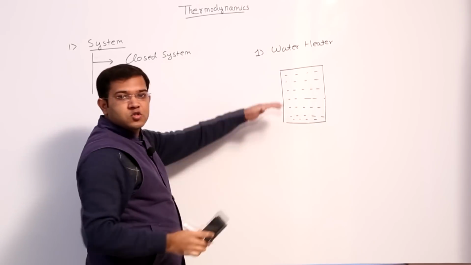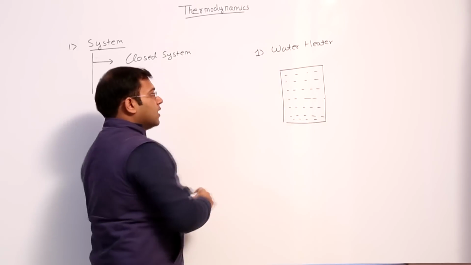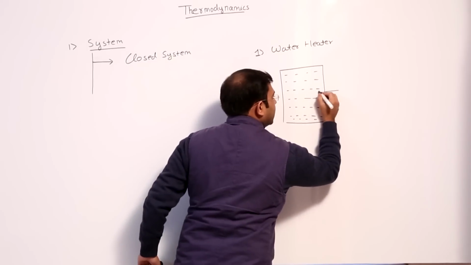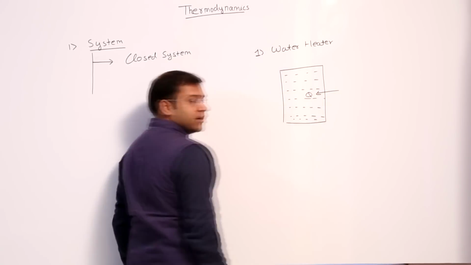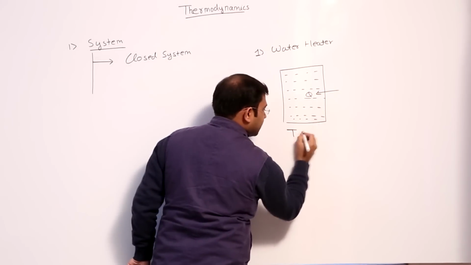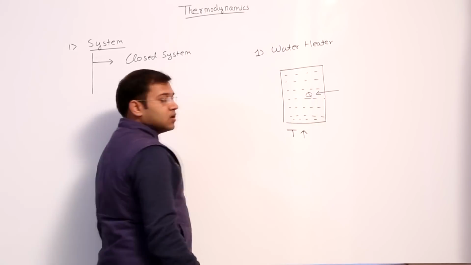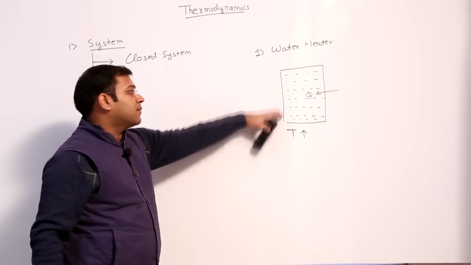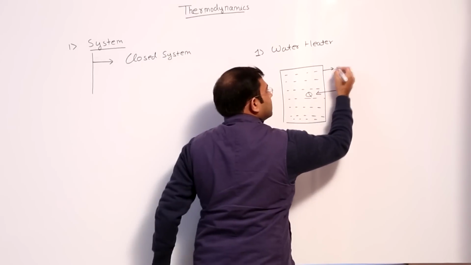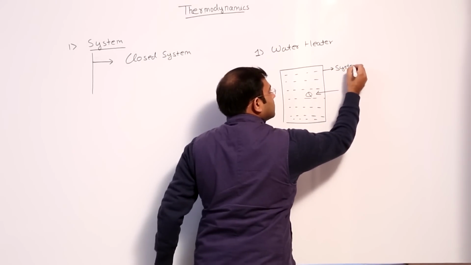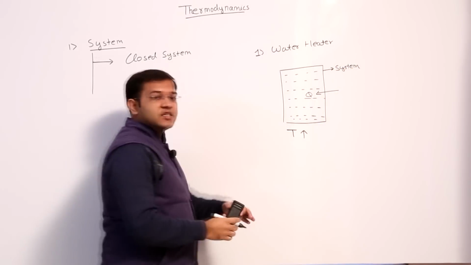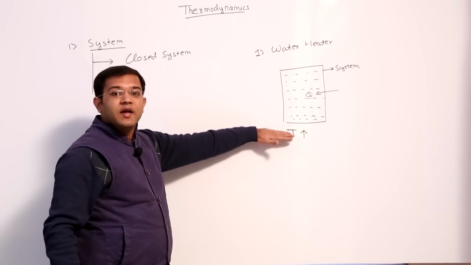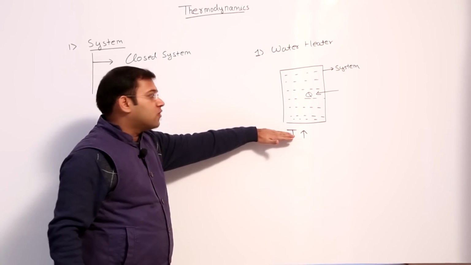See, this is a closed vessel and it contains water and we give heat to it. What happens to the water? Its temperature rises. So here we are transferring heat to the system and this is our system. But see, there is no mass transfer into the system or out of the system.